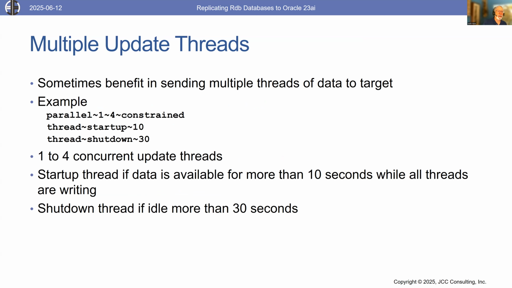You can do multiple update threads. So parallel 1 to 4 says we're going to have a minimum of 1 thread and a maximum of 4 threads updating the target database in parallel. And the shutdown and startup settings say that if we're delayed more than 10 seconds, we'll start up a new thread. If a thread is inactive for more than 30 seconds, then it'll go ahead and shut down.